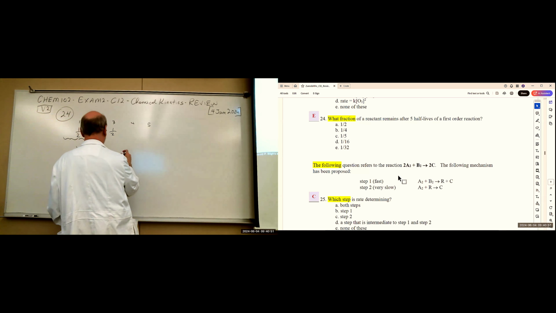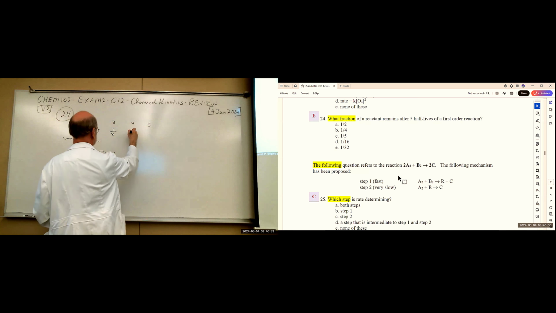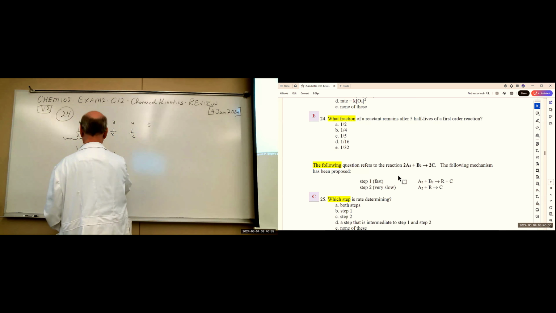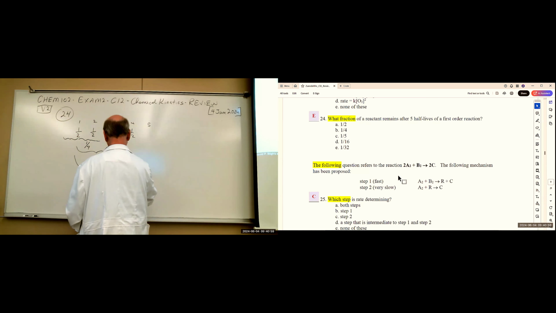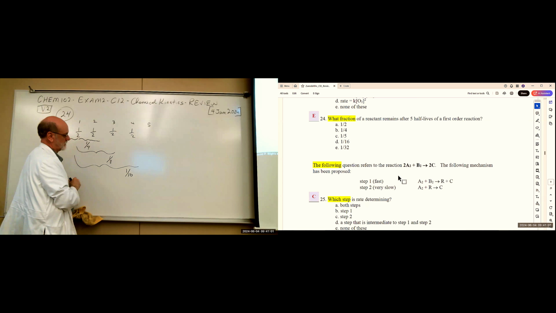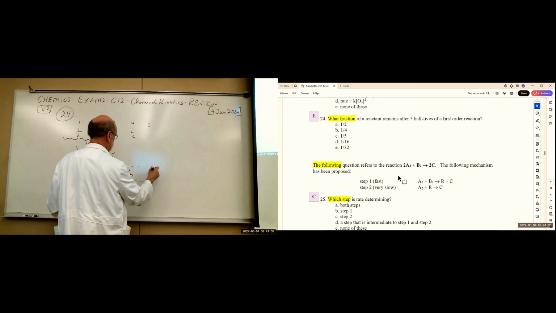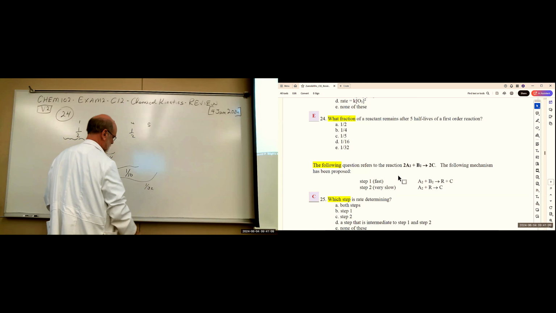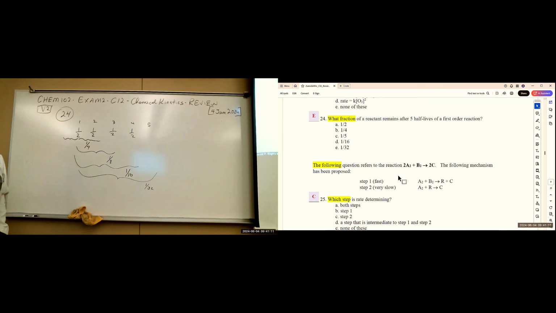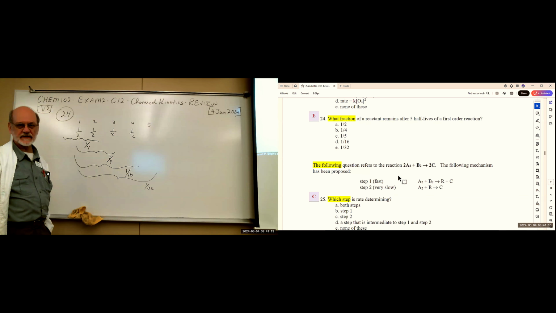We do another half-life, we go from here to here. That's a 16th left. And if we keep going to the 5th half-life, that's a 32nd left over. So 1/32 is left.